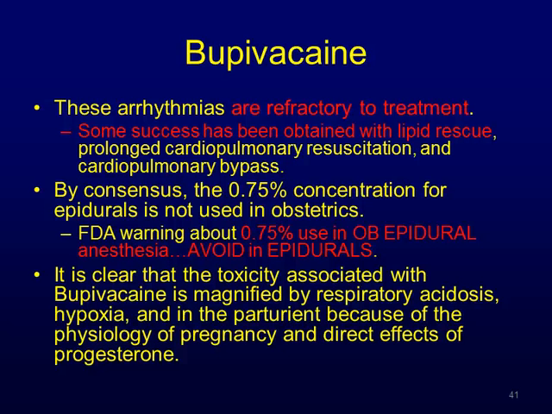So acidosis will increase toxicity. And there's a hormone in pregnant women that also will augment the effect of the bupivacaine and other local anesthetics. That's progesterone. Yep. Progesterone. And why is that? You tell me, and you'll be winning the Nobel Prize.